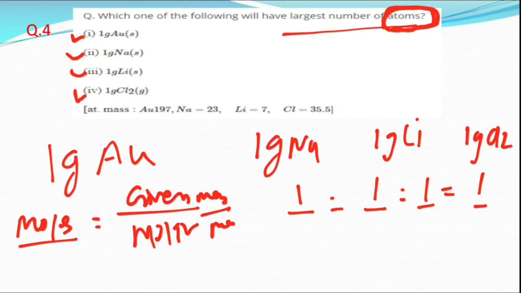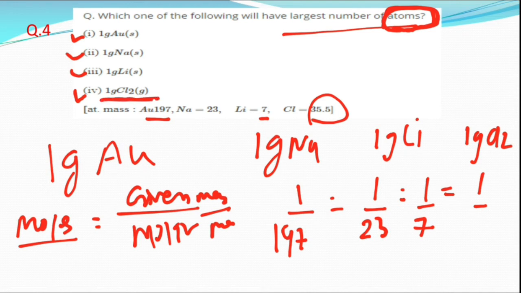So first of all we will divide all these 4 data by their molar mass. The molar mass of gold is 197, the molar mass of sodium is 23, the molar mass of lithium is 7, and the molar mass of chlorine is 35.5. But what is being asked is Cl2, so we will double it, which will be 71.